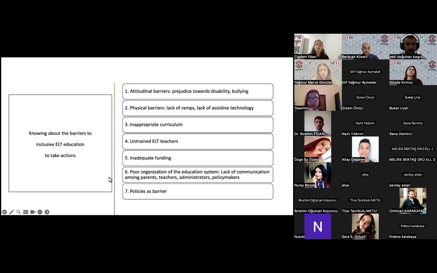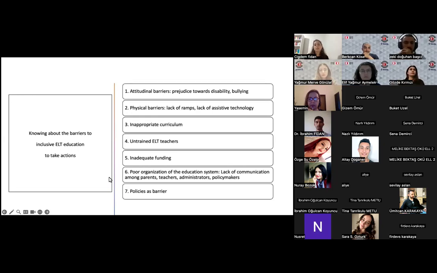Attitudinal barriers, prejudice towards disability, bullying, harassment, victimization, physical barriers like lack of ramps, lack of assistive technology in a classroom environment, inappropriate curriculum, untrained ELT teachers, inadequate funding, poor organization of the education system, lack of communication among parents, teachers, administrators, and policymakers.